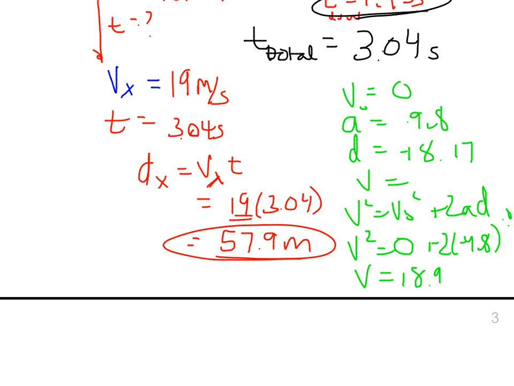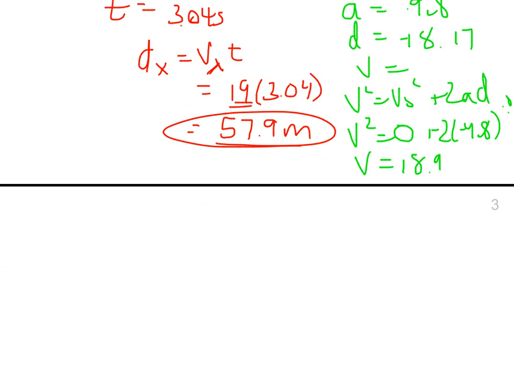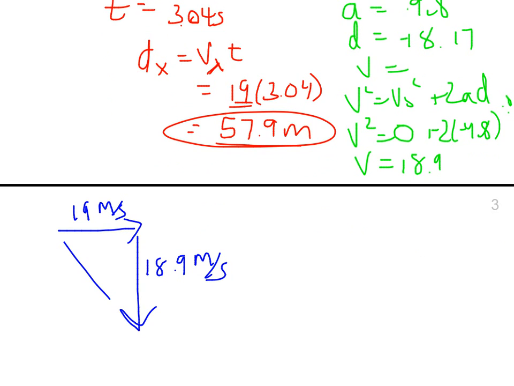So, in the end, to do this final piece, I have a horizontal velocity of 19 meters per second. That stays constant. I have a vertical component that is 18.9 meters per second. To get this resultant, I use the Pythagorean theorem. So I have 18.9 squared plus 19 squared. Take the square root of that, and I get 26.8 meters per second.